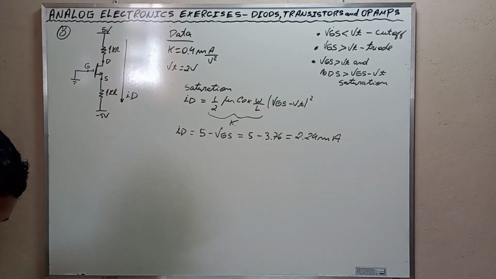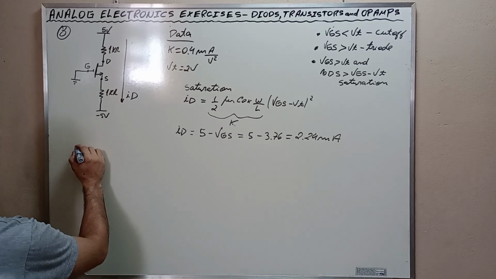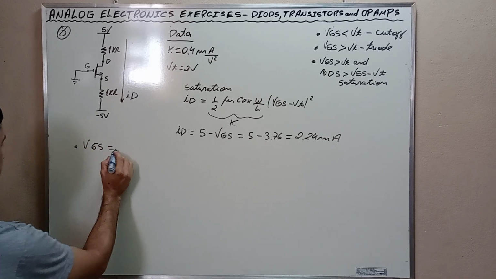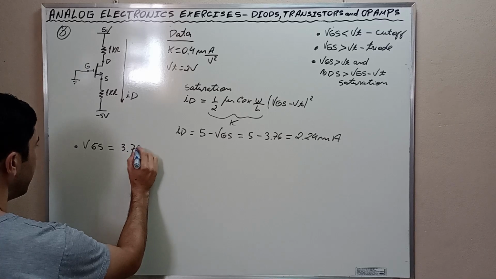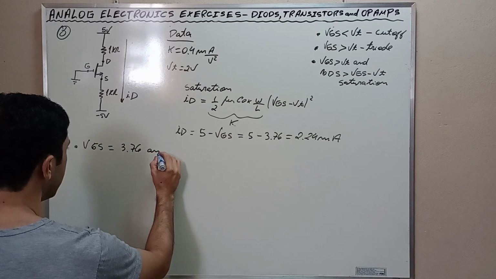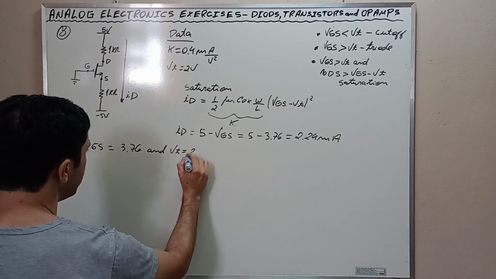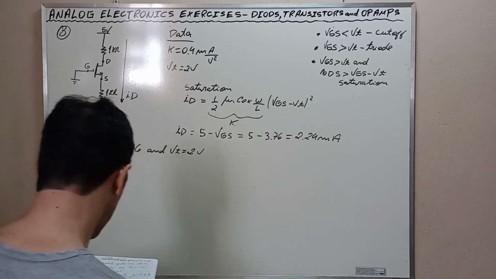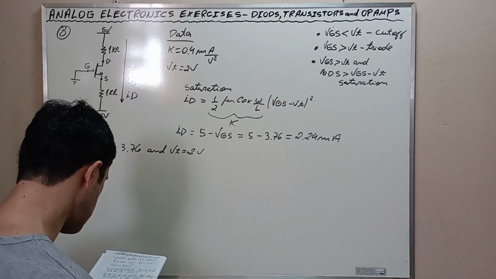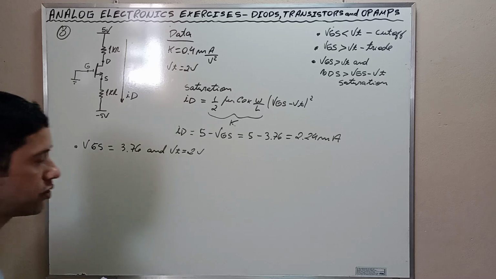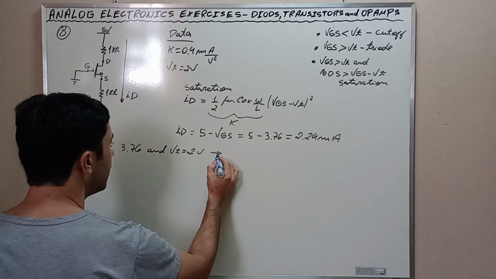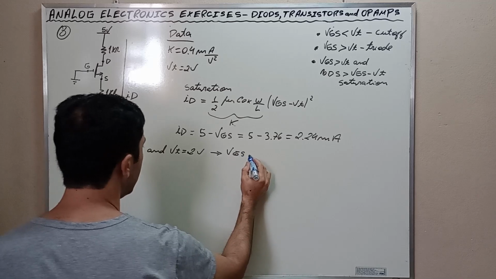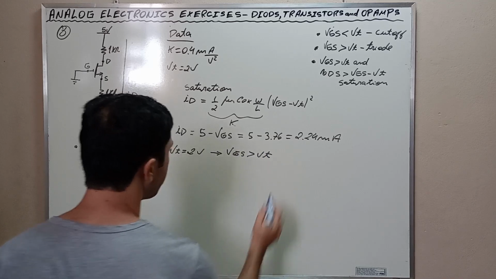But we are going to extend this and try to understand more things. If VGS is equal to 3.76 and VT is equal to 2 volts, then of course VGS is greater than VT.